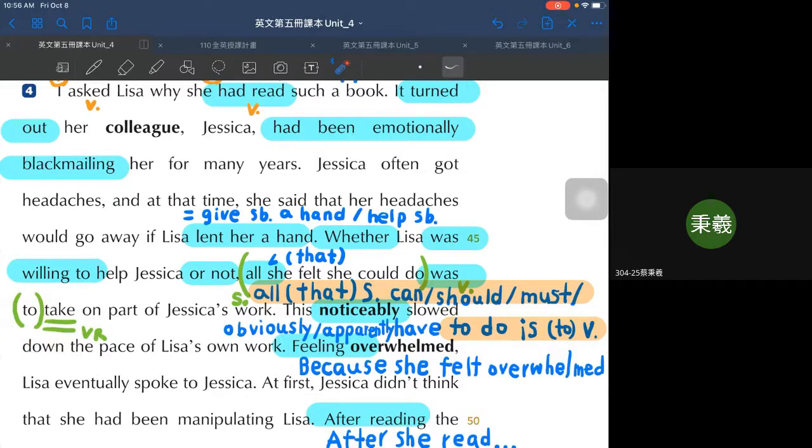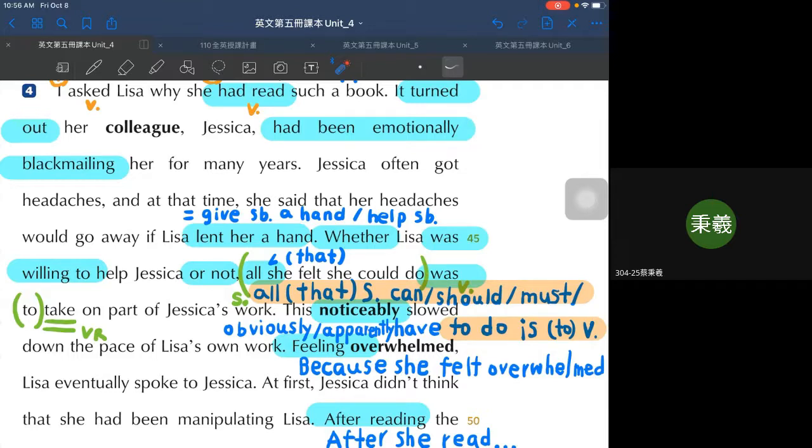So we can just simply say all she could do was take on part of Jessica's work. All she felt she could do was take on part of Jessica's work.